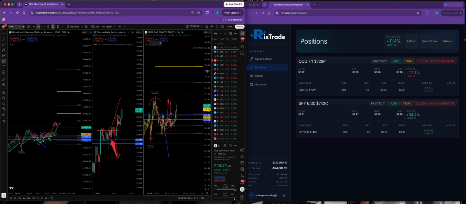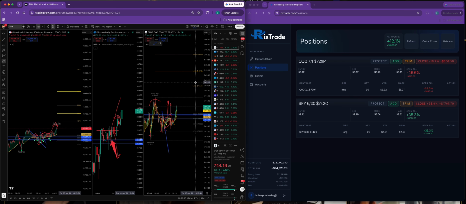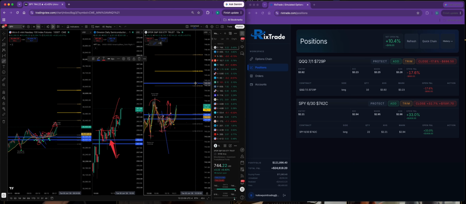Calls are deep in the money. What did I tell you? 745 was my end of day target here. So we're very close to it here. Very close to hitting this target here. There we go. Up 1,100.